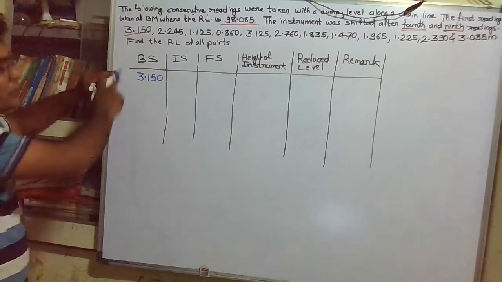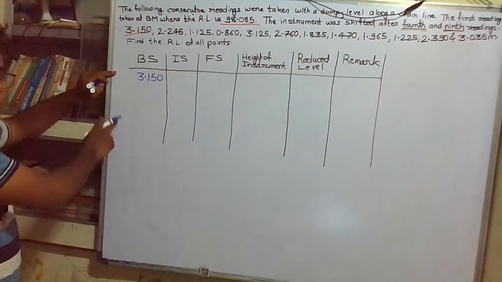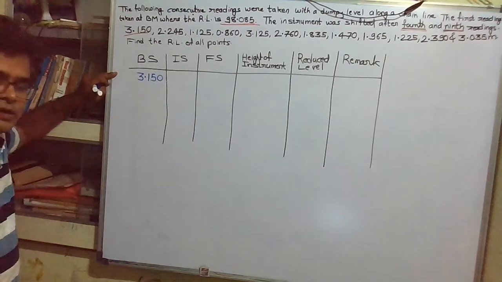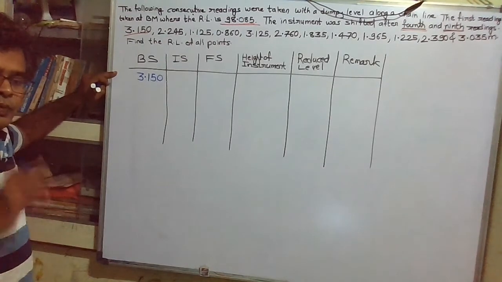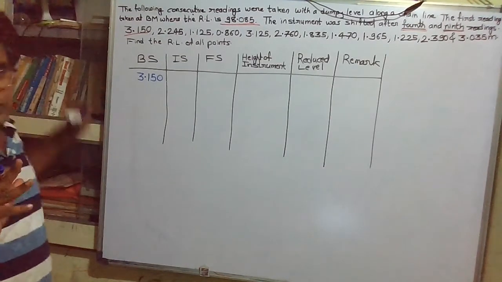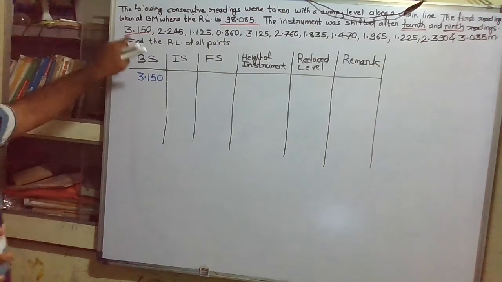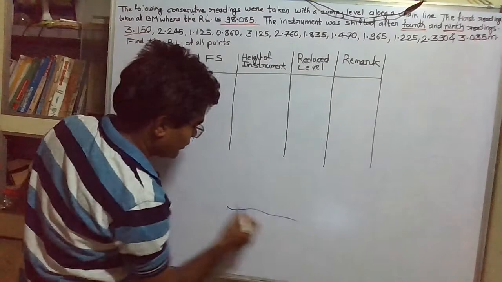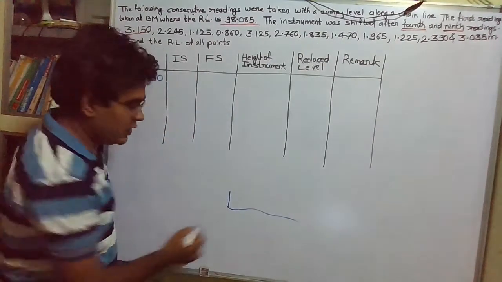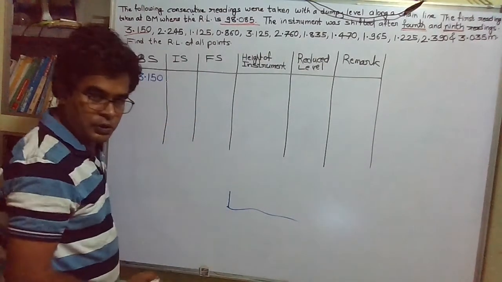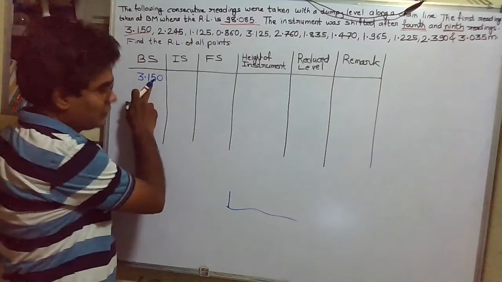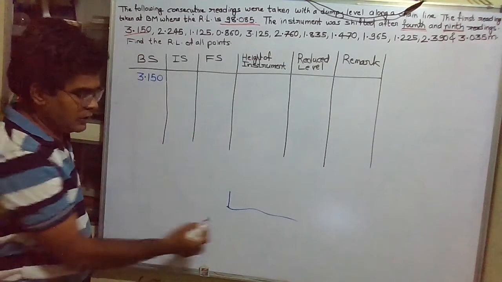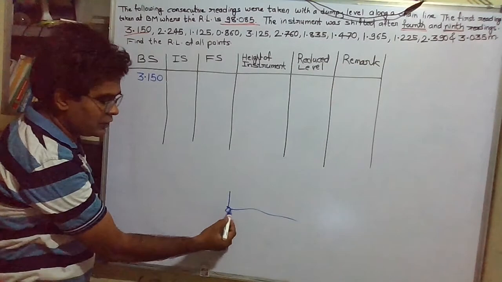So we can write it as chainage of 160 meter, 180, 200, 220, like that. But here we always take a staff reading. Whatever the 3.150 reading we have taken, let it be on the ground. This is one point on the ground, and this reading is taken at that point, that is the benchmark.